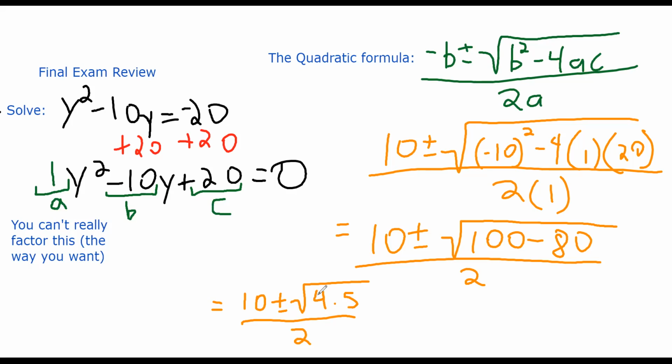Then you can bring the 4 out of the square root by taking its square root, which will give it a 2. The reason you don't take the 5 out is because 5 doesn't have a nice clear square root. So you could rewrite this as 10 plus or minus 2 square roots of 5 over 2.